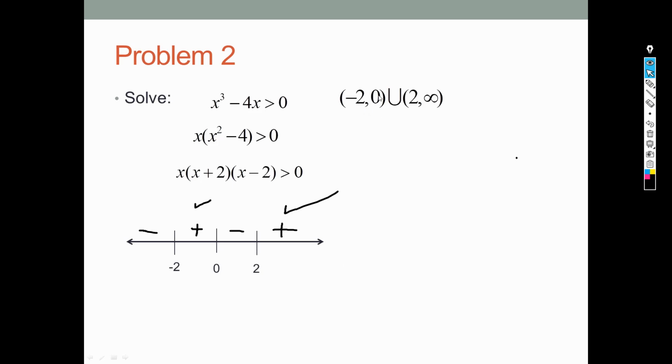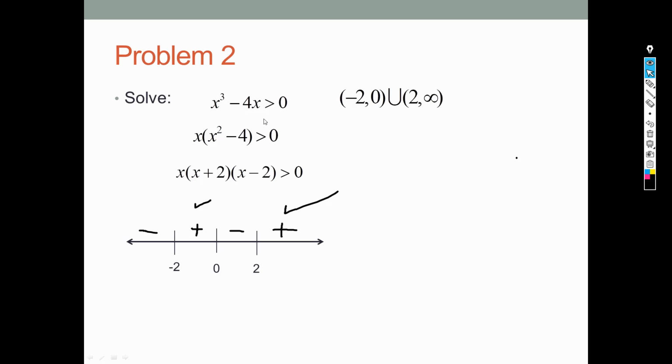In interval notation, everything between minus 2 and 0, that's this. Union, okay, union, so together with, and then everything to the right of 2, at 2 to infinity, okay. That's including all the numbers between negative 2 and 0 together with numbers to the right of 2.